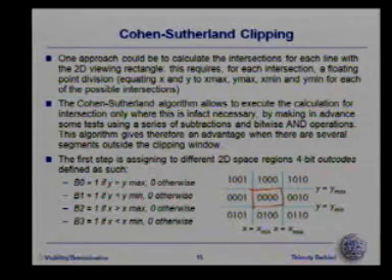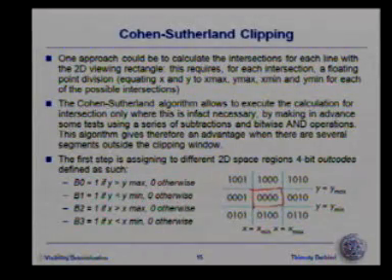You go with the same rules. If y is less than y-min, or if x is greater than x-max, put 1 to b1, b2, or b3. So you can see that being to the left, so to speak, is the last bit. Being to the top is the first bit.